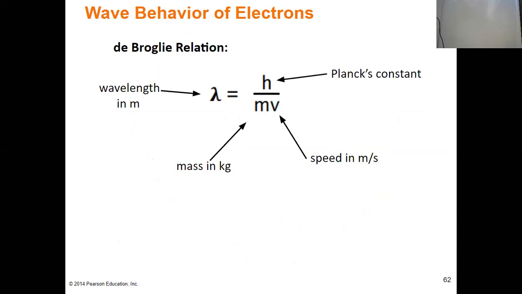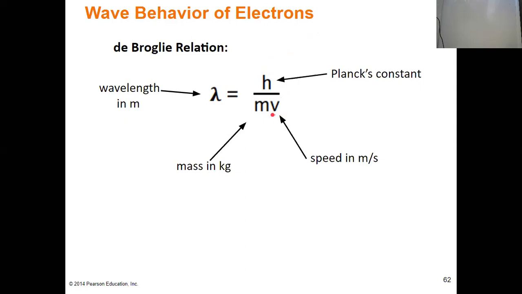We have to account again for both the wave and particle behavior of our electrons. We're going to talk a little bit more about how they behave as both. But we can notice in particular the wave behavior of our electrons by using what's called the de Broglie relation, right? So we can take a wavelength and associate it to Planck's constant divided by the mass of the electron in kilograms times the speed.